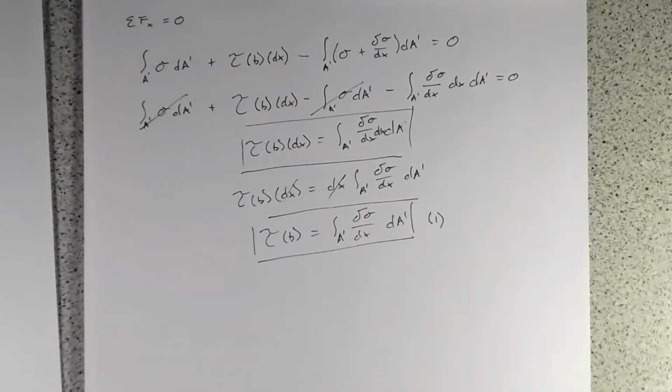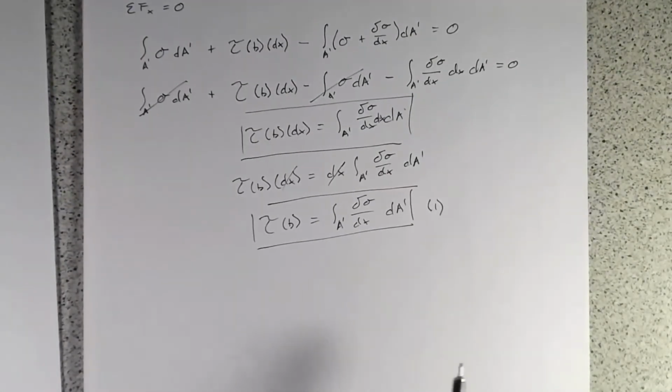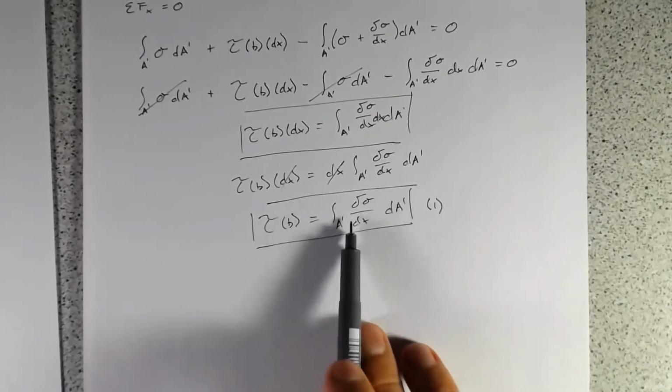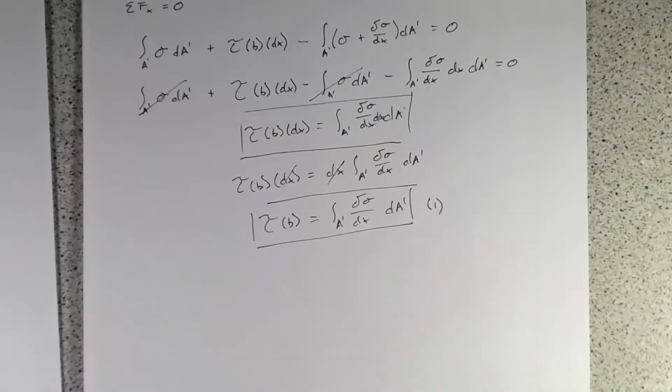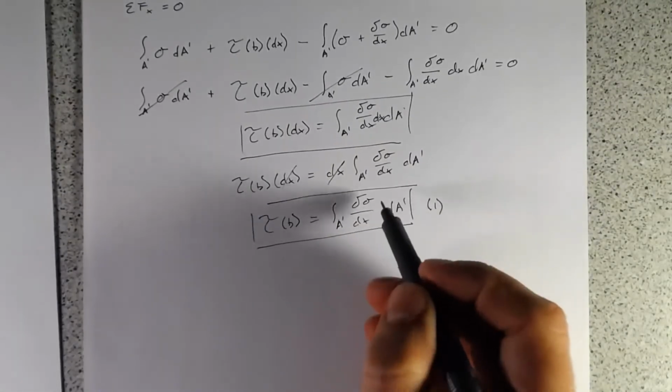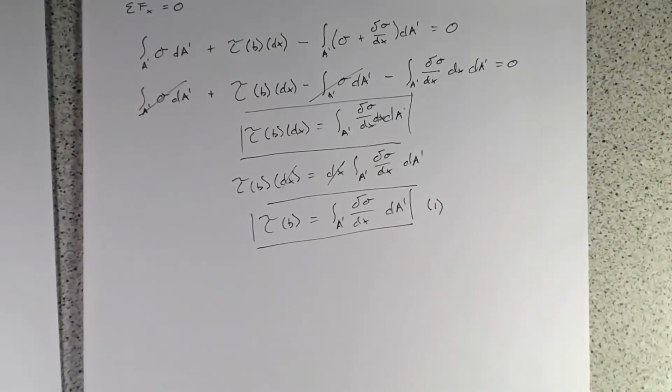So we're almost in a form which is useful for us. So we have this integral of this derivative of stress, and so, well, can we make this a more useful form for us?